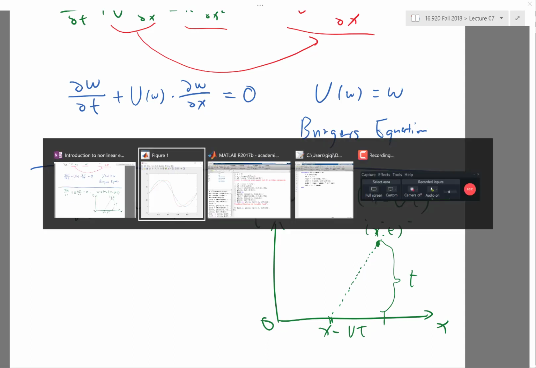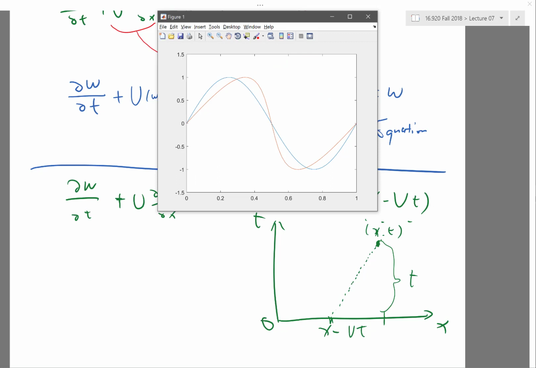Yes, actually, maybe it's a little bit hard to transfer the mental gymnastics between a plot of w versus x and a plot in, basically, you have to transfer animation in 2 dimensions into a 3-dimensional plot where one of the dimensions is time, right?